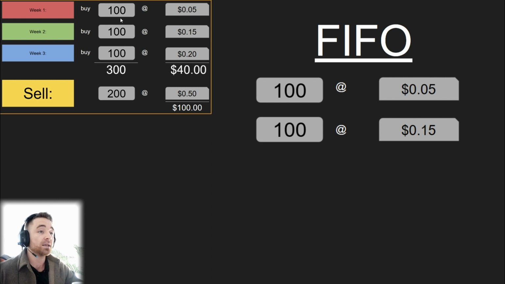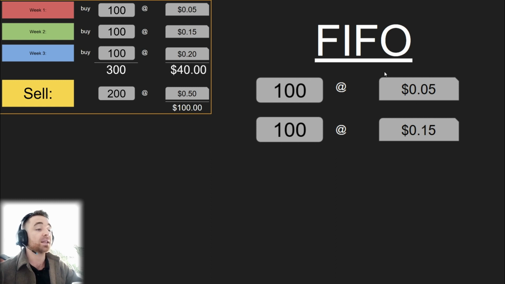First, we had 100 and they were 5 cents. So we will factor that into our calculations, and we will say that the first ones that we sold were also 100, and those cost us 5 cents.